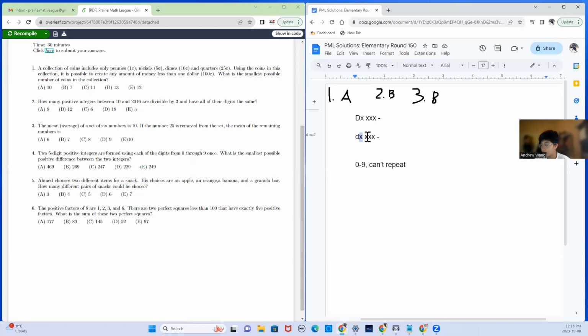And you want these x's to be the largest possible value, so that when they subtract, they create the smallest difference. And you want capital D and lowercase d to have a difference of 1, because anything above that will result in a difference of something like 10,000.